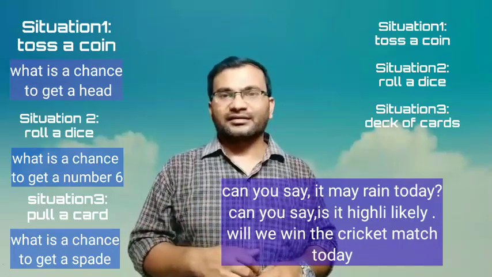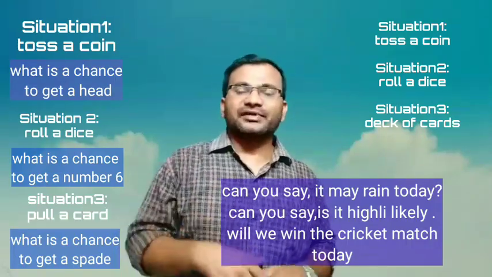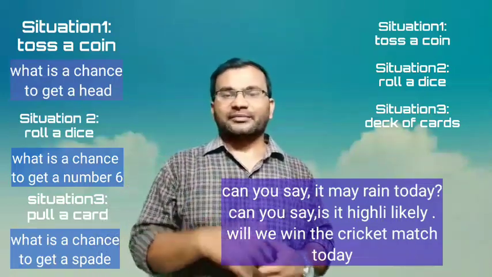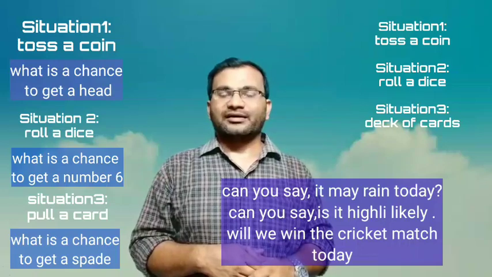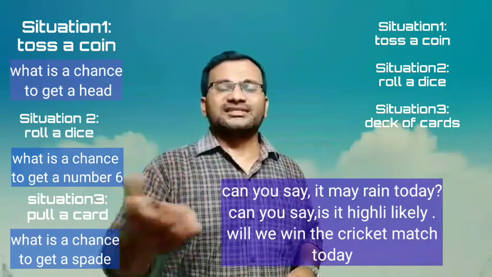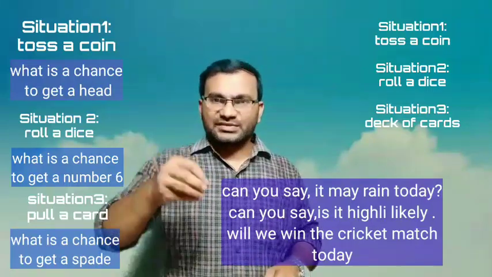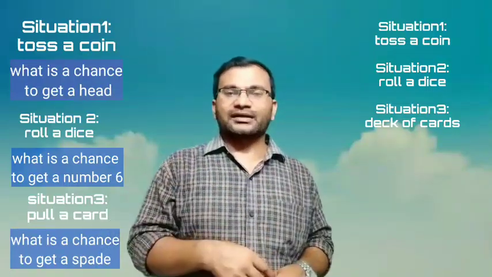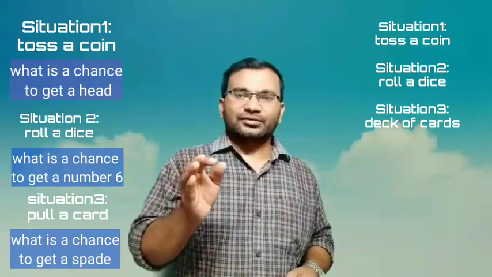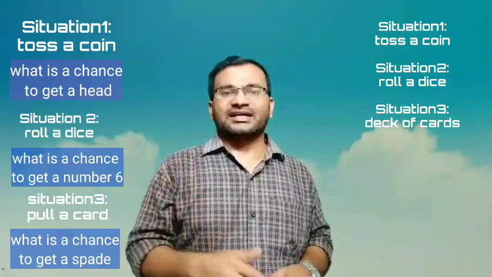Can you say? In all these events, there is some uncertainty and randomness, because we are not sure about what will be the result. Probability is the solution to measure this type of uncertainty.